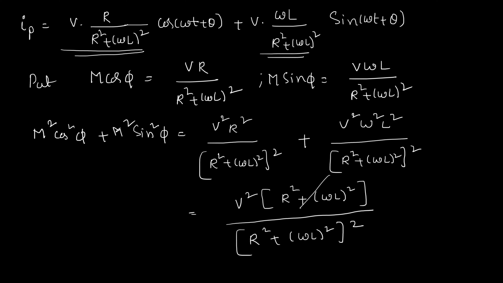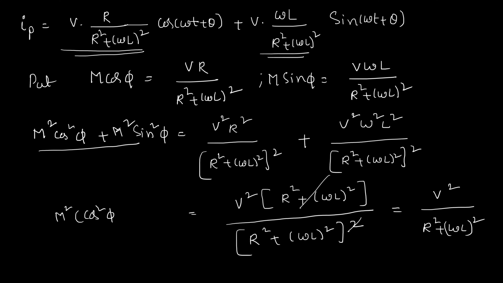So one part will be cancelled. What is leftover is V square by R square plus omega L square. If we take m square out, you get cos square phi plus sin square phi, which we all know is nothing but 1.